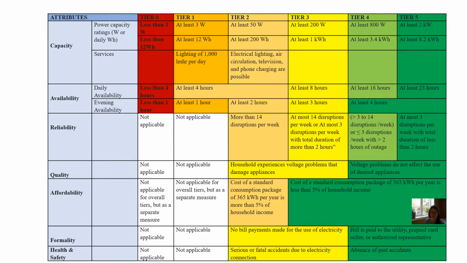Each household is classified in each of these dimensions in 6 tiers or levels. The household is given an overall classification based on the 7 dimensions. If, for example, the capacity of the electricity source is high, but it is very unreliable, the household will, in an overall multi-tier framework, still be classified in a low tier.